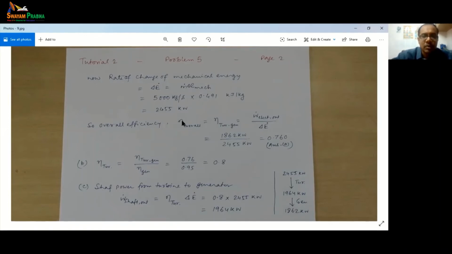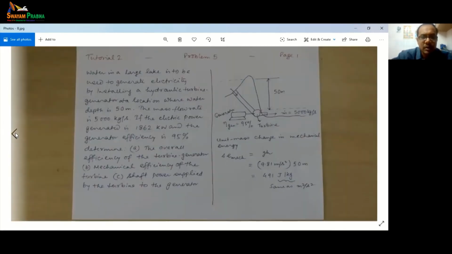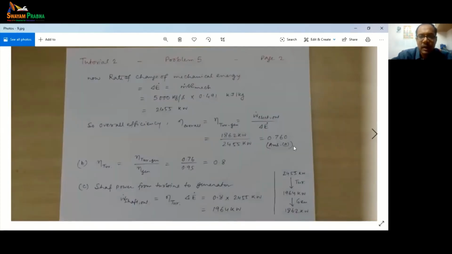Now the overall efficiency is not given, we have to find it out. Both this turbine and generator will contribute to the overall efficiency of conversion. The electrical output, that's W dot electrical output, is given, that is 1862 kilowatt.